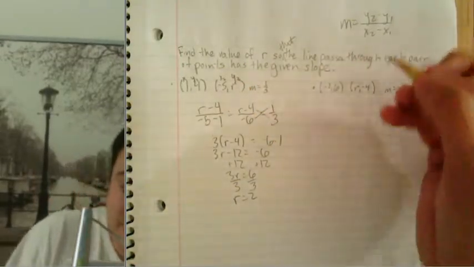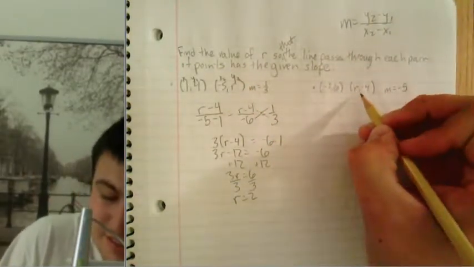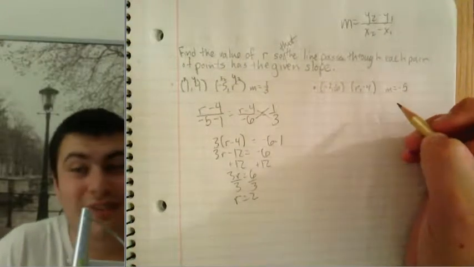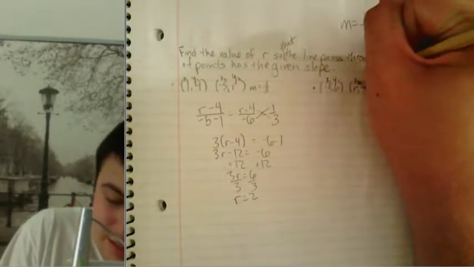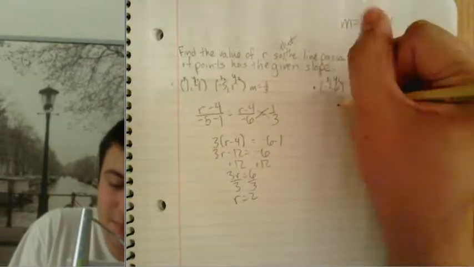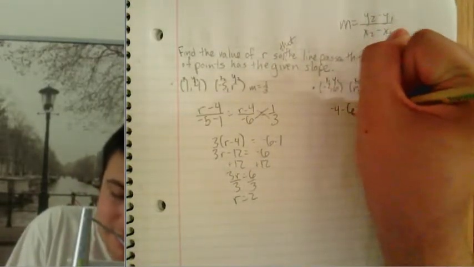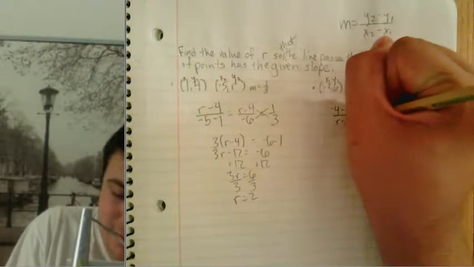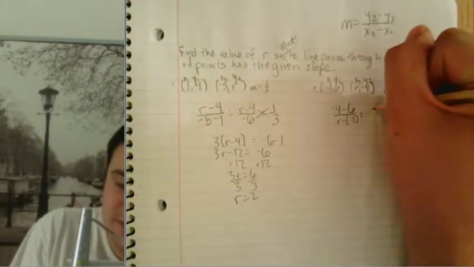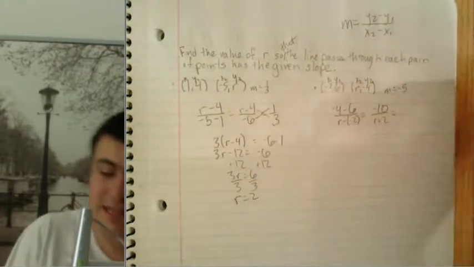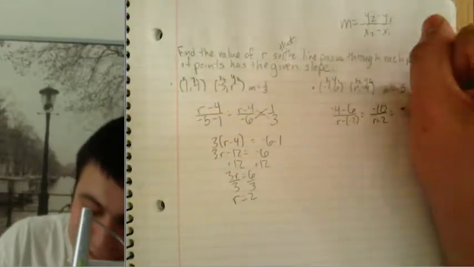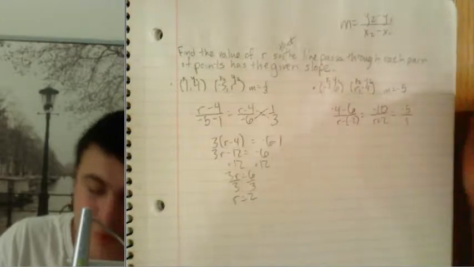Let's look over here. If we have negative 2 comma 6, r comma negative 4, and a slope of negative 5. So when we have x1, y1, x2, y2, I'm going to take negative 4 minus 6 over r minus negative 2, which is negative 10 over r plus 2. And that's equal to negative 5, which I'm going to write as negative 5 over 1.